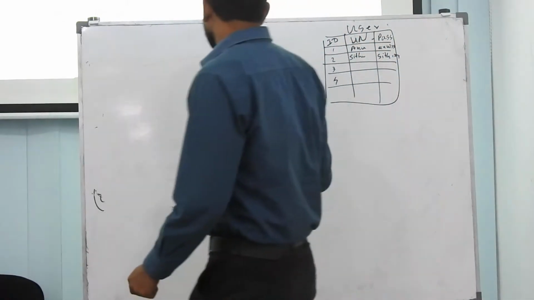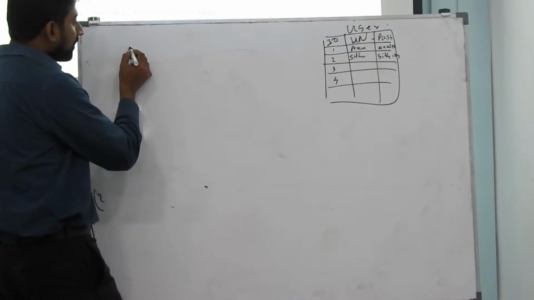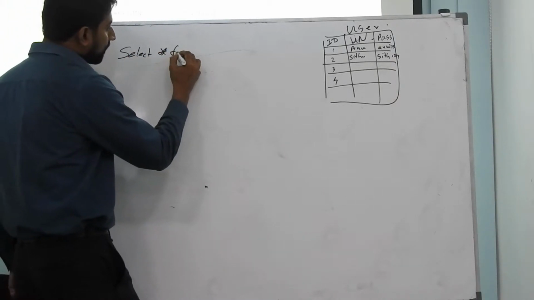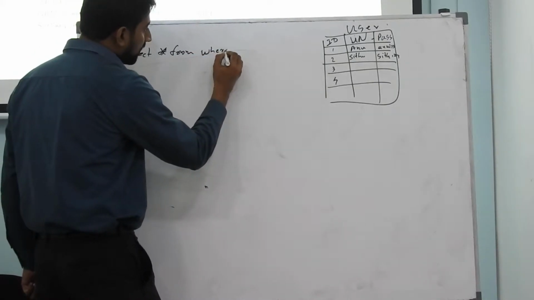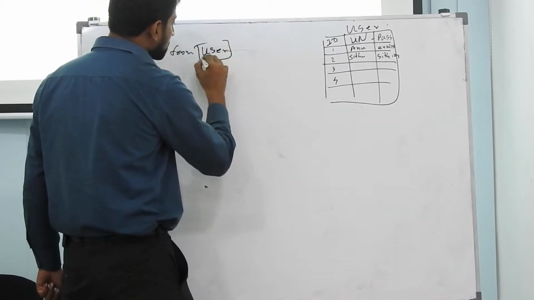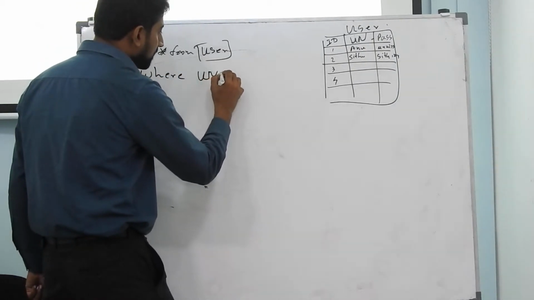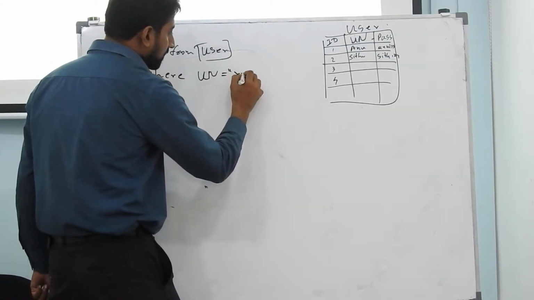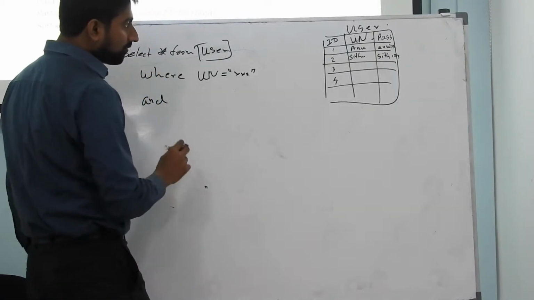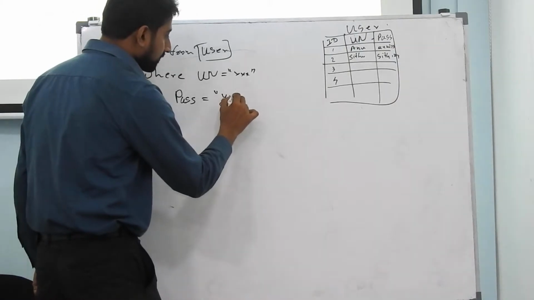Okay, that's all. So someone wants to get the data or to validate the username and password. How are you going to validate? When you are validating the username, you have to write something like: select all from the database table name, which is user, where UN equals xxx and pass equals y.